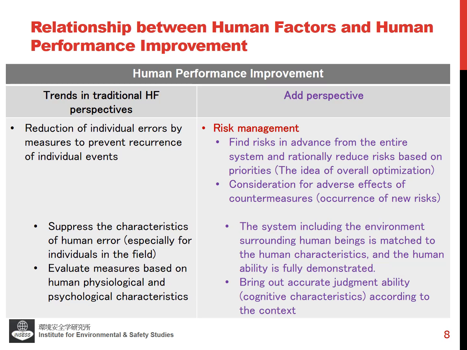This is why the concept of risk management is at the forefront of human performance improvement. Risk management is therefore about identifying risks in advance across the system and reducing them rationally based on priorities. We need to look at both human characteristics and what human capability is at its fullest. This is what human performance improvement is all about.